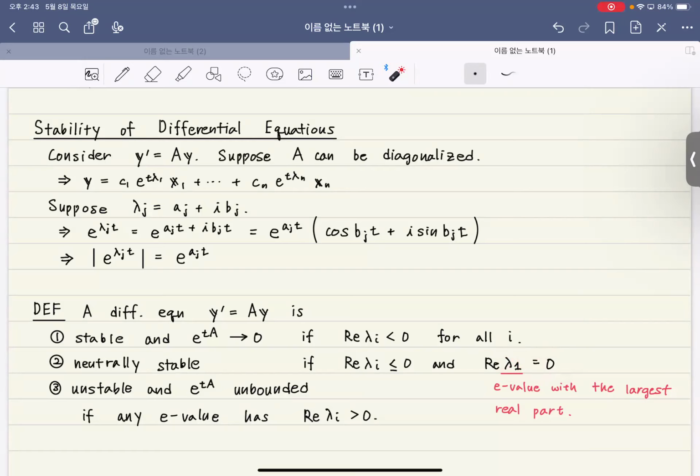Then what do you guess? If the real part is strictly less than 0, then terms associated to these eigenvalues will go to 0.